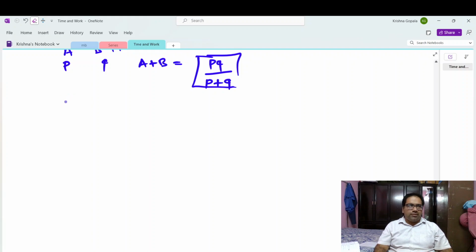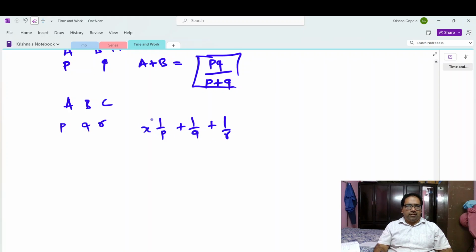Similarly, using the same concept, let's now take A, B and C. If A is able to do the work in P days, B in Q days, and C in R days, then in each day, A will do 1/P, B will do 1/Q, and C will do 1/R.